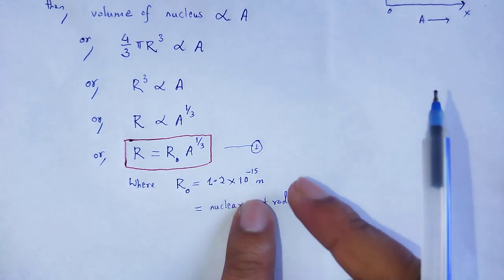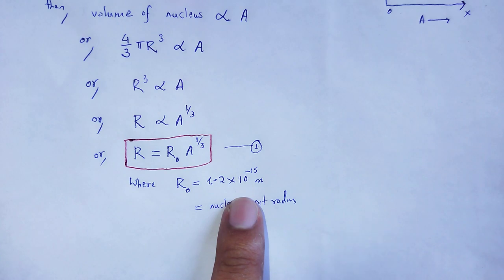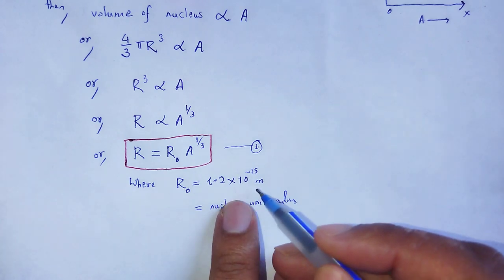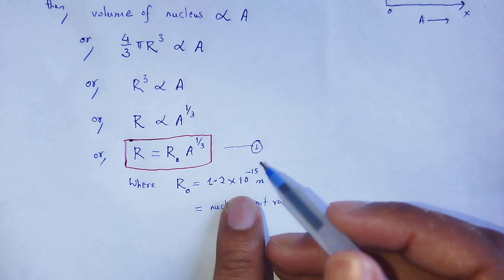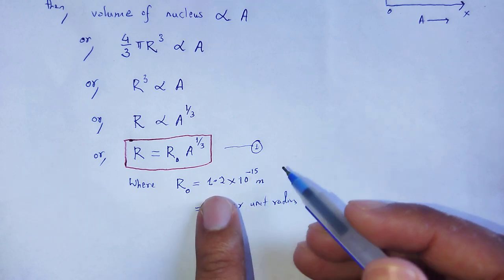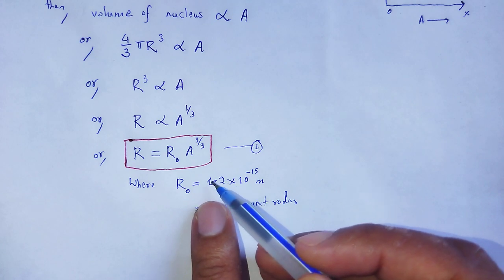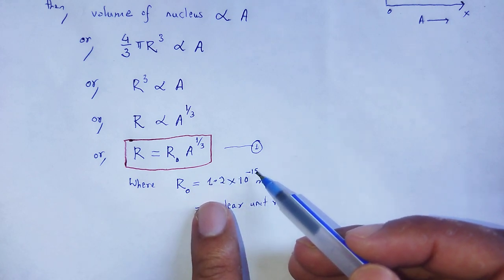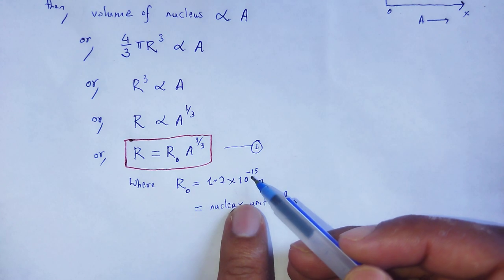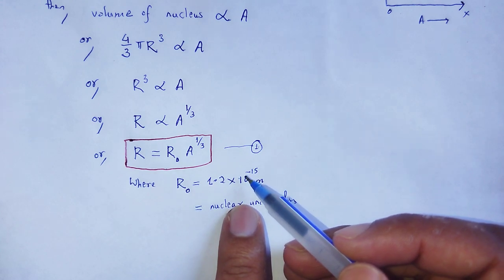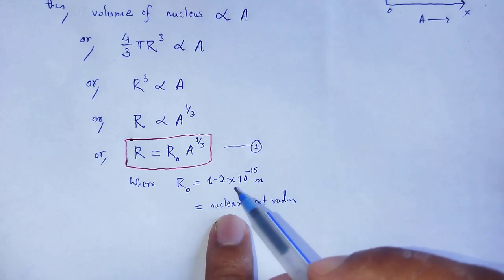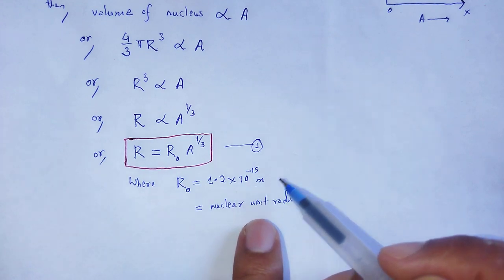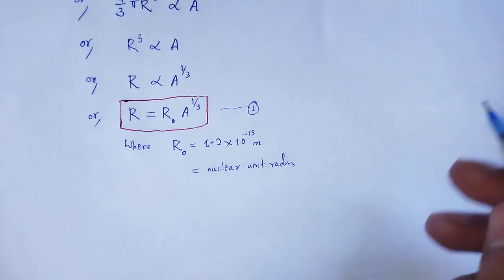From that constant value, it is clear that the size of the nucleus is of the order of 10 to the power minus 15 meter. If we write 1.2 into 10 to the minus 15, or 12 into 10 to the power minus 16, so the order of the nuclear size is around 10 to the power minus 15 meter.